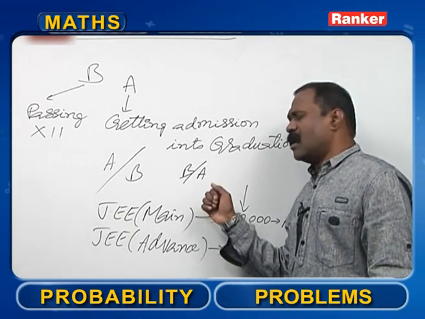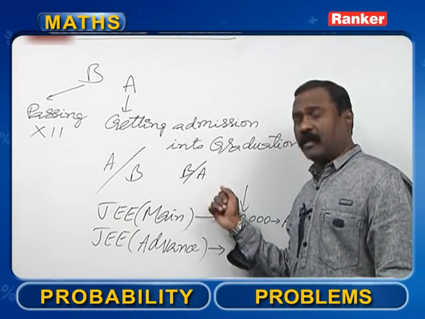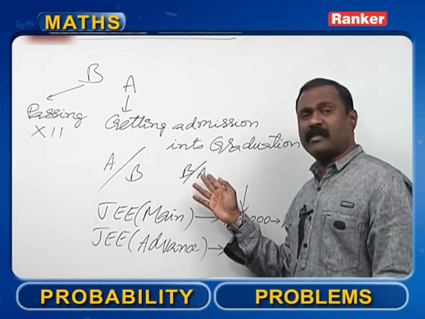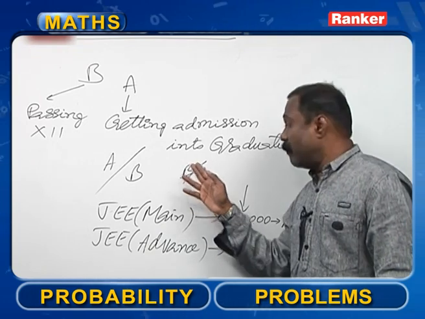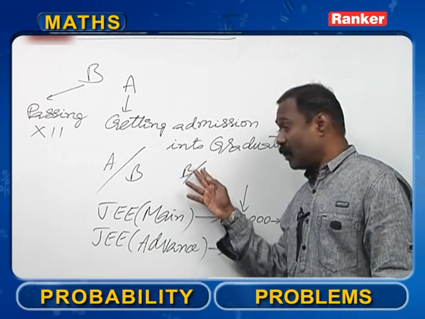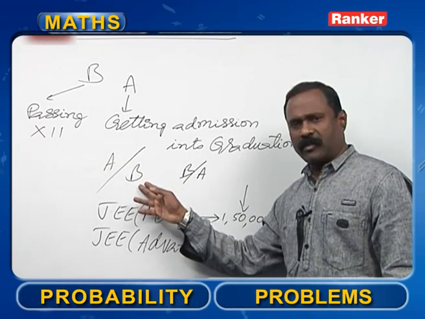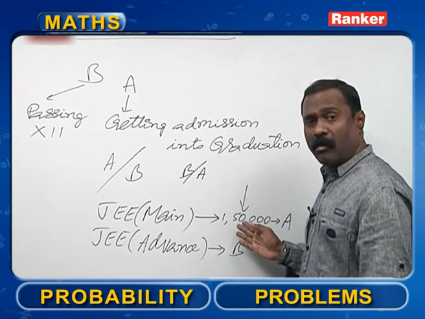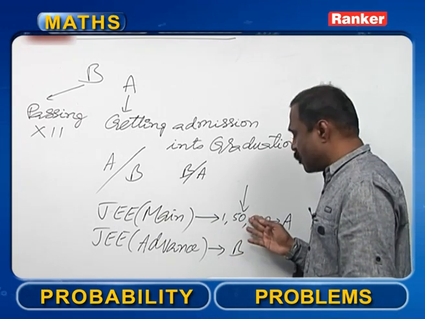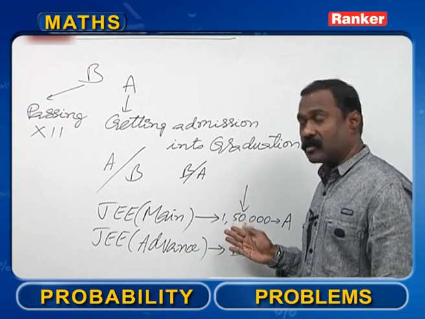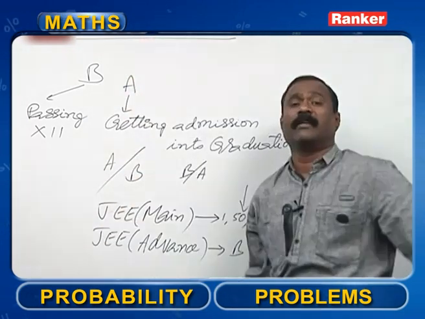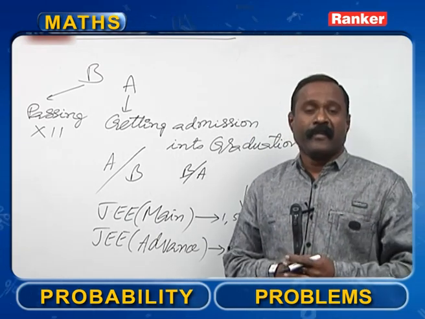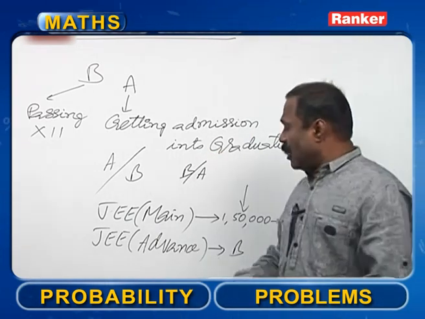So this is B after A, or B given A. This is read as A after B, or A given B. Given B means you must know that your rank should be less than 1,50,000. This is nothing but a conditional event. For an event to occur, there is a condition imposed.